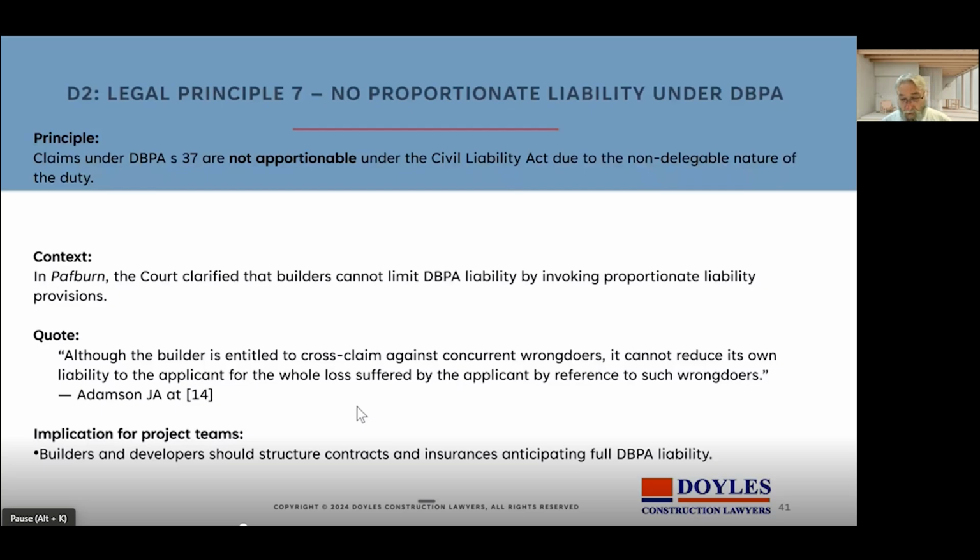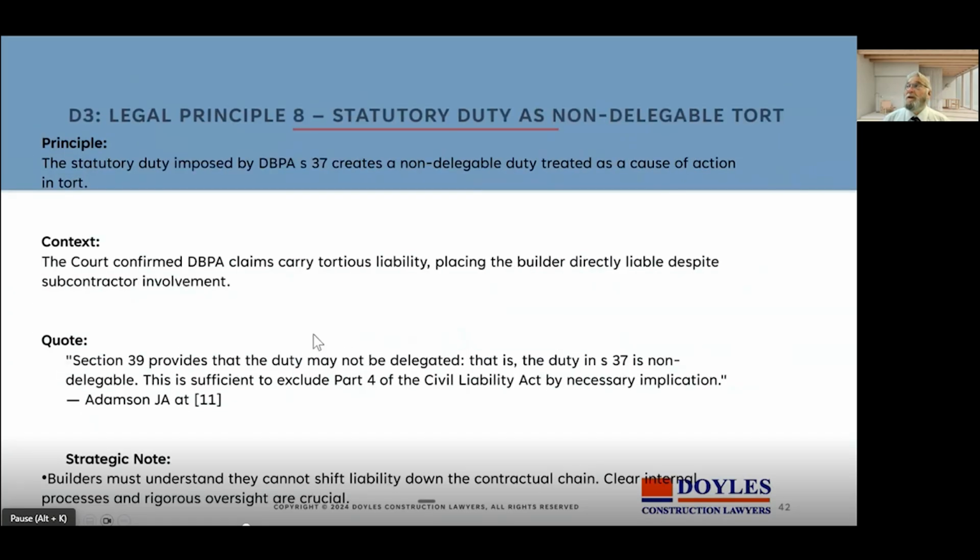The old common law was if you had two wrongdoers, they both were responsible for 100% if the other one went broke. However, with proportionate liability one of them can say, I was only 10% responsible, and therefore he gets off just by paying 10%. The concern here is that the Act has wiped that out because it's non-delegatable.